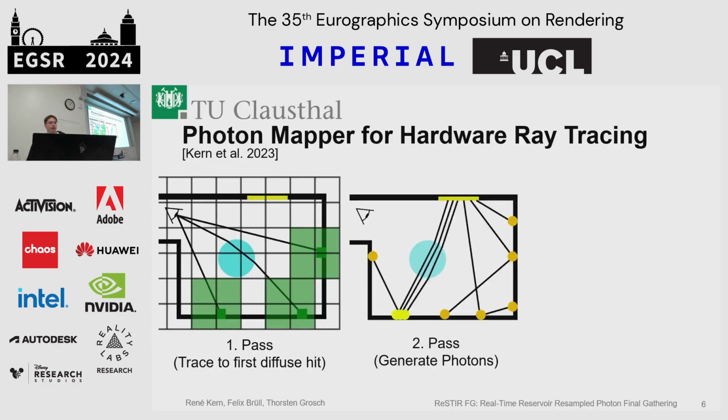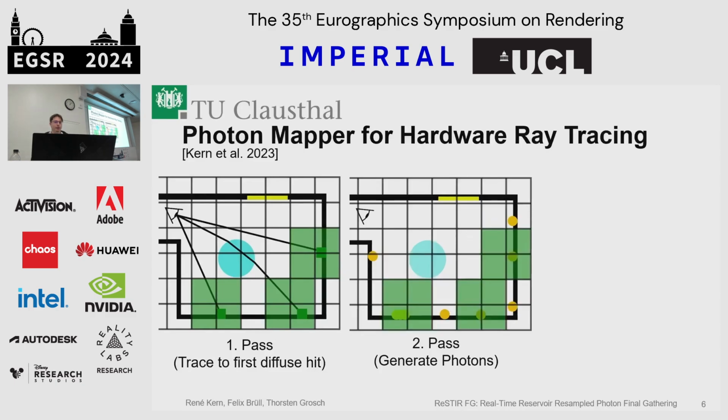Then on the second pass, we generate the photons. And then we use the binary hash grid from the last frame to essentially check if the photon will be collected at this point or not. All photons that are outside of marked cells can be culled.